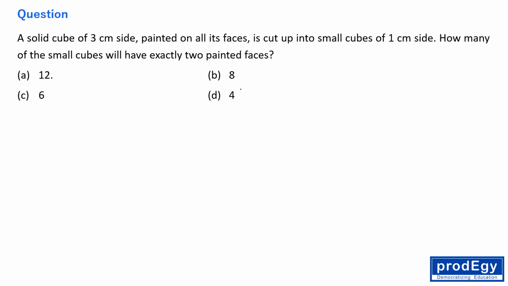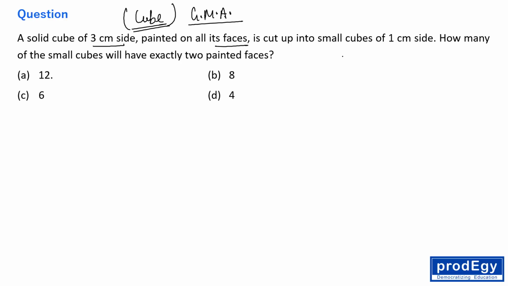A solid cube of 3 cm side painted on all the faces. This question belongs to cubes, reasoning, or you can say general mental ability. A solid cube of 3 cm side painted on all its faces is cut up into small cubes of 1 cm side.